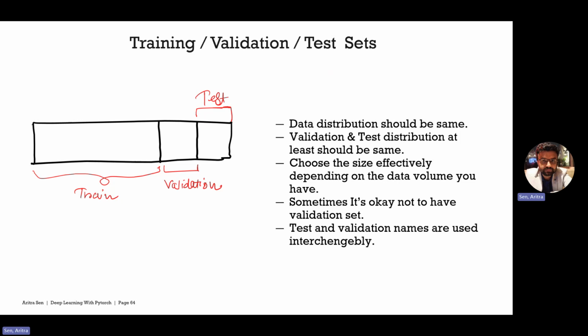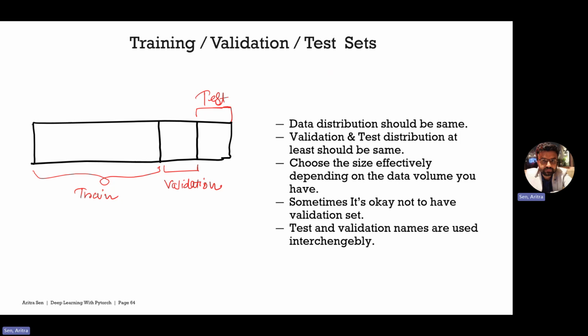Unless they are very similar, you should not have that in your data set. And the percentages I mentioned, like 70% training, 20% test, and 10% validation, depend on the data volume you are working with.